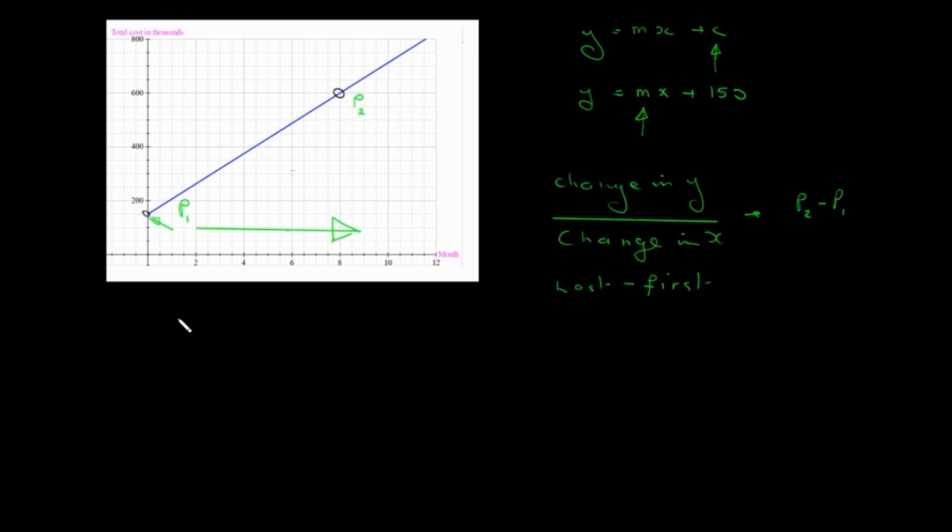Alright, let's look at the y. Change in y. Y always goes on the top. Change in y is last minus first, which is point 2, but the Y value, minus point 1, but the Y value. So point 2 Y value is 600.